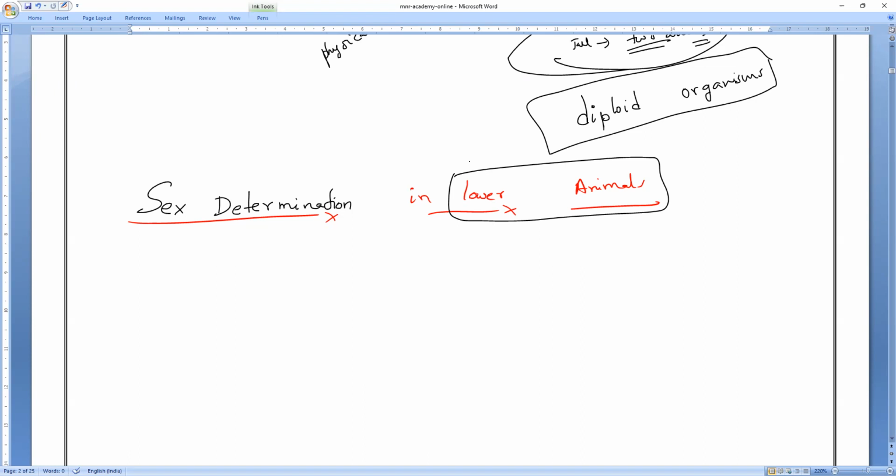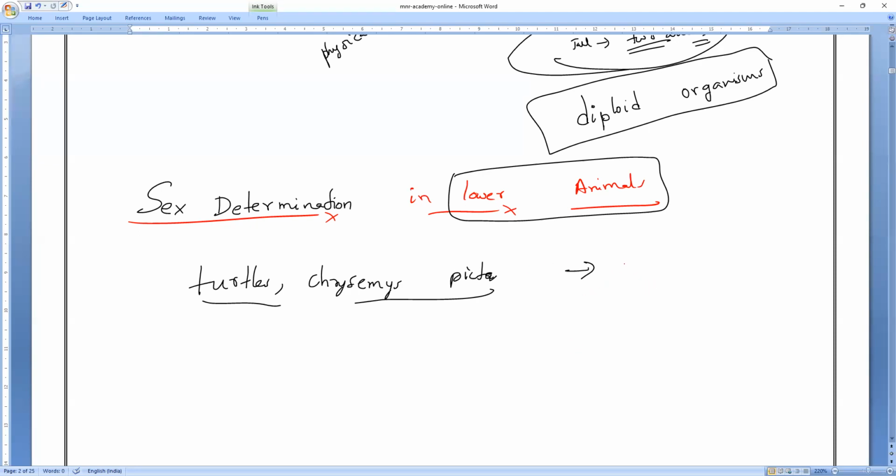Some animals, for example turtles. How many of you know turtles? Sea turtles. Next one you can say Chrysemys picta, also one of the water animals. In these animals, sex cells do not decide whether it is male or female. Basically, the temperature during the time of fertilization of eggs determines the sex.